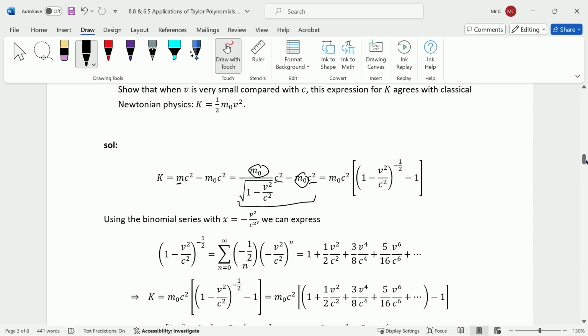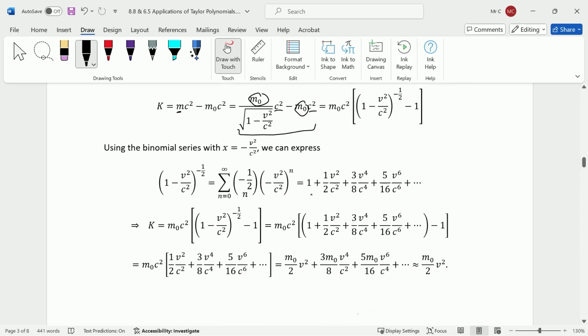When we expand that, it looks like the following: 1 plus 1/2 v squared over c squared plus 3/8 v to the 4th over c to the 4th plus 5/16 v to the 6th over c to the 6th plus and so on. I'm obviously not going through every little plugging in of every number here because we've done this kind of work before. I just want you to see the big idea here.